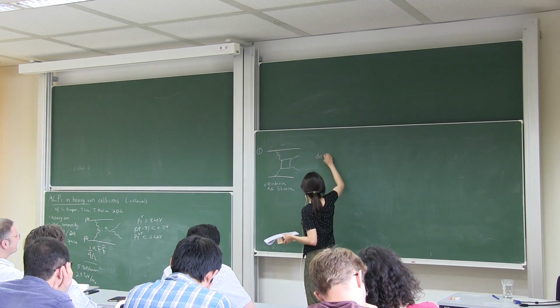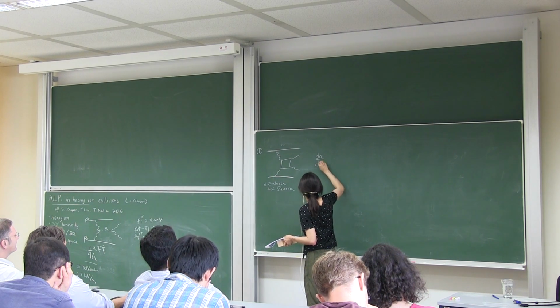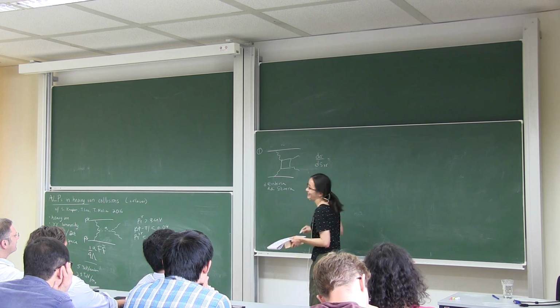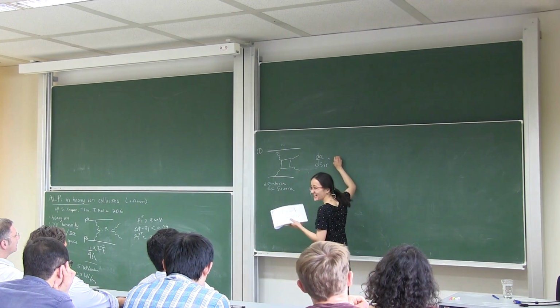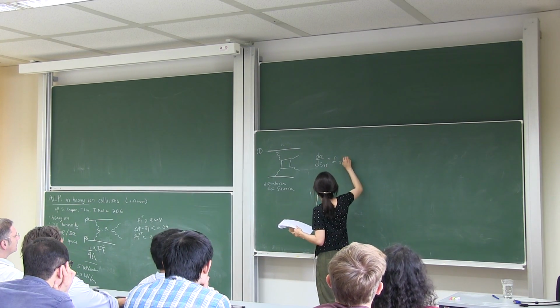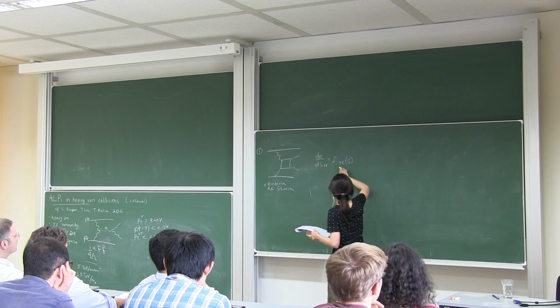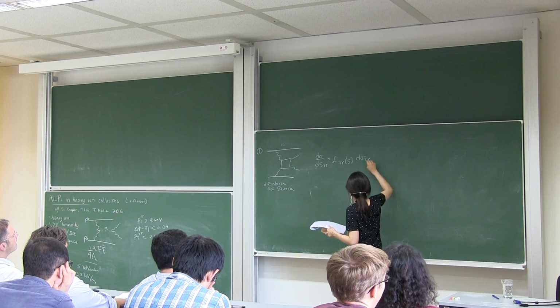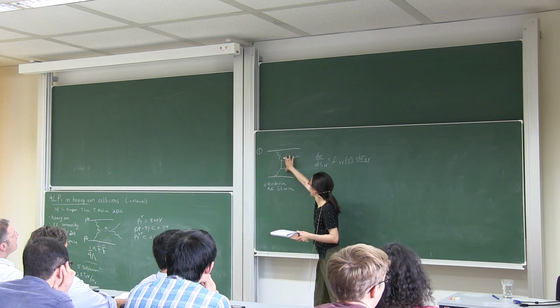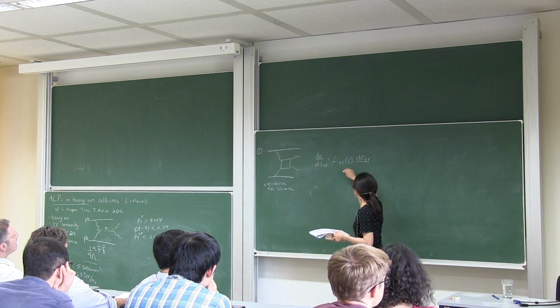So again, the cross-section is the photon-photon luminosity times the cross-section for just the photon-photon part.